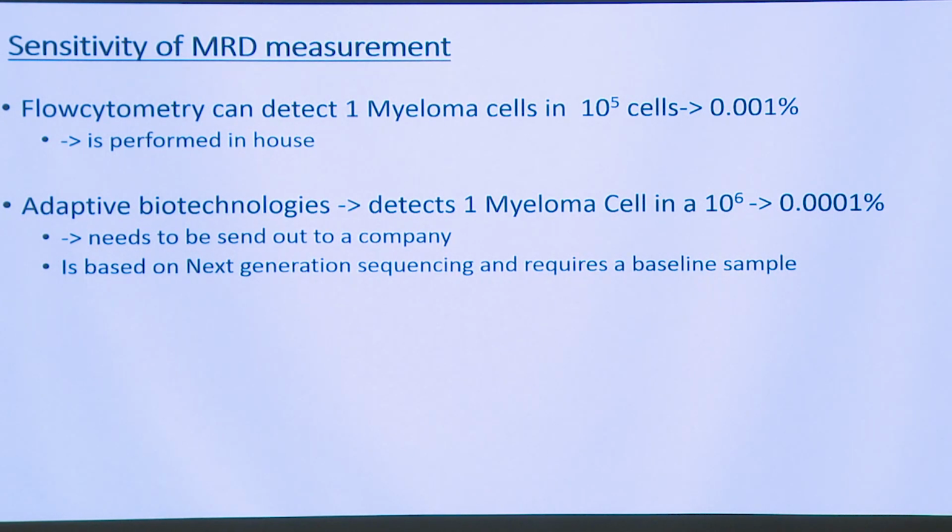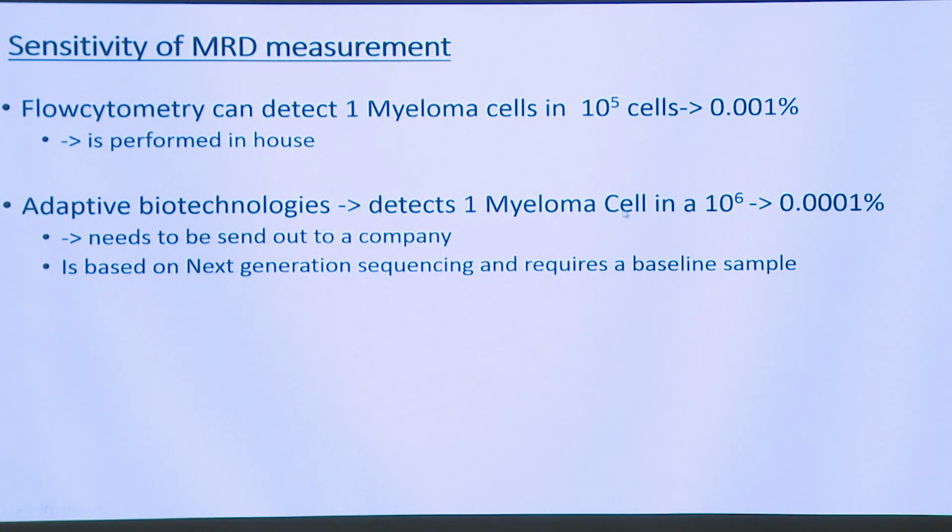It's a sent-out test. It goes to a company called Adaptive Biotechnologies. You can Google that company. There's a lot of literature out there on this company. It's probably the main company that does MRD testing in the United States. Good thing is it really is more sensitive than flow.